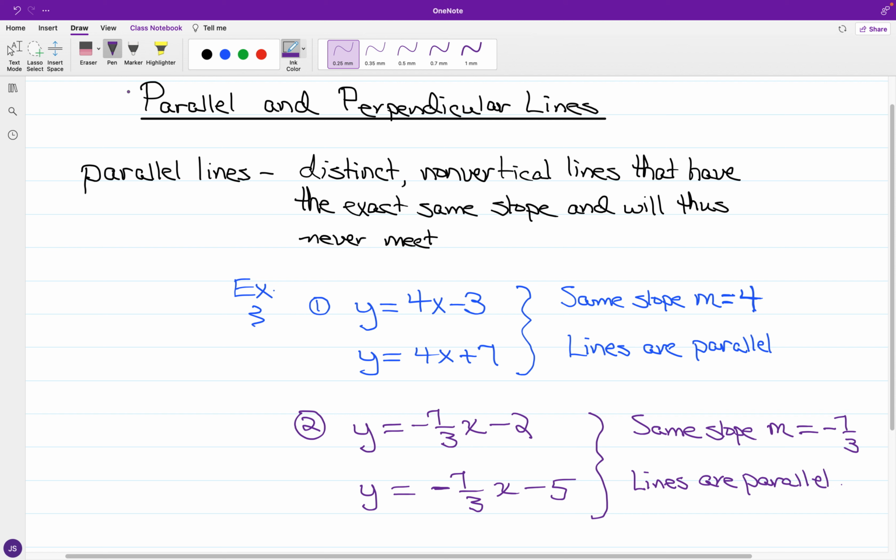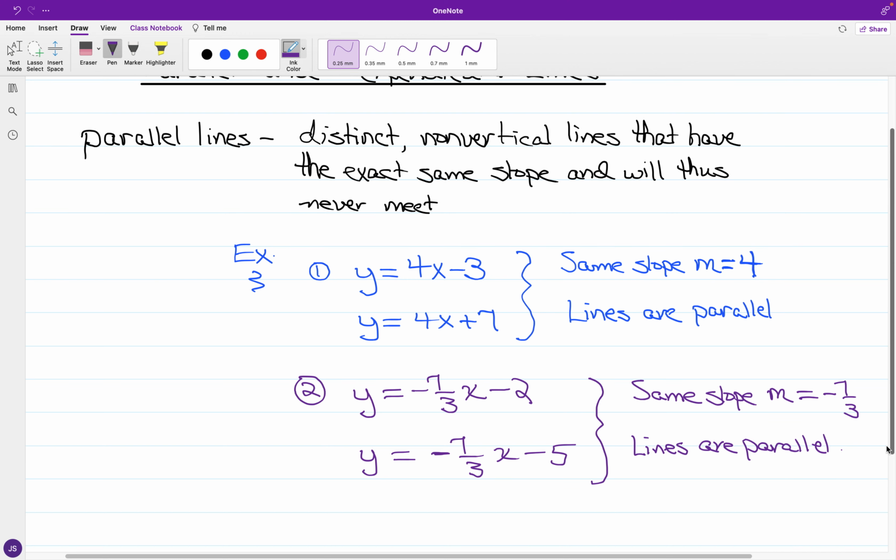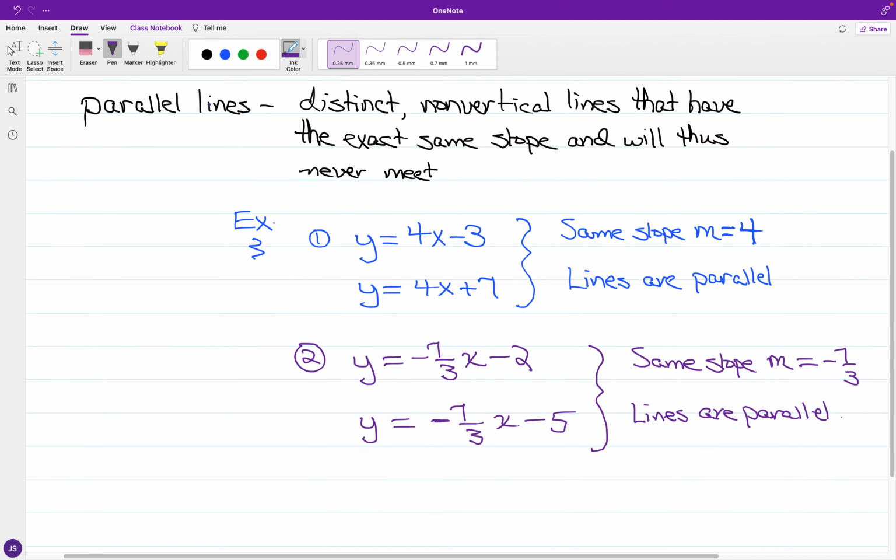All right. Now, in the case of parallel lines, there will be different lines, but different lines that have the exact same slope.